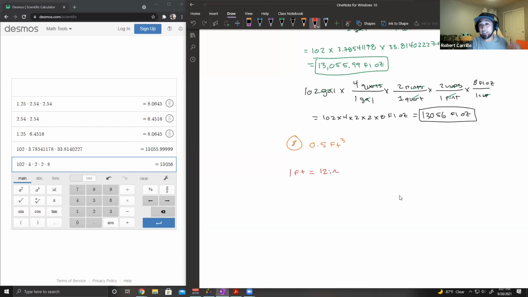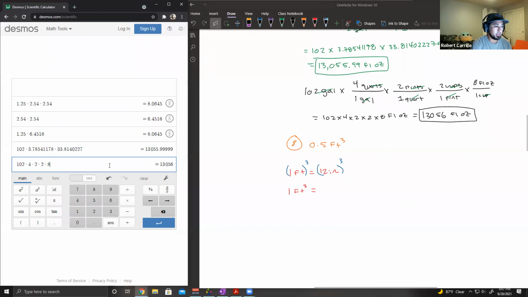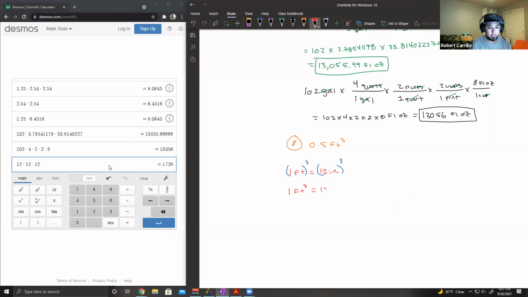And if we want to get to cubic feet, guess what we're going to do to both sides? You are going to cube it. And if I do that, I get 1 cubic foot equal to 12 cubed. 12 times 12 times 12, you get 1728 cubic inches. Another conversion for you guys to save.